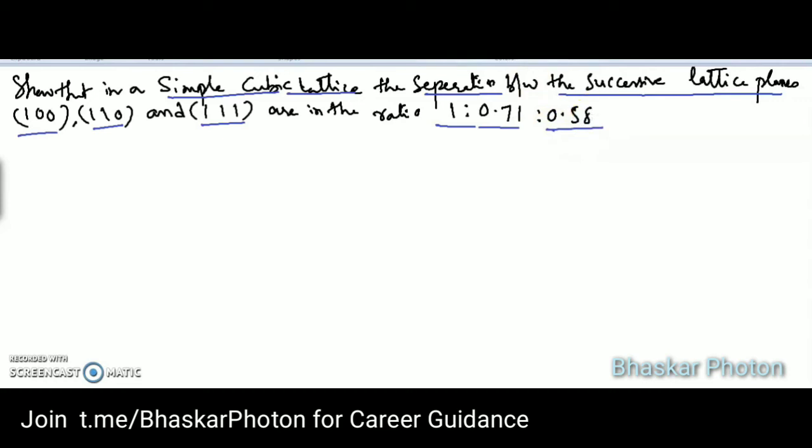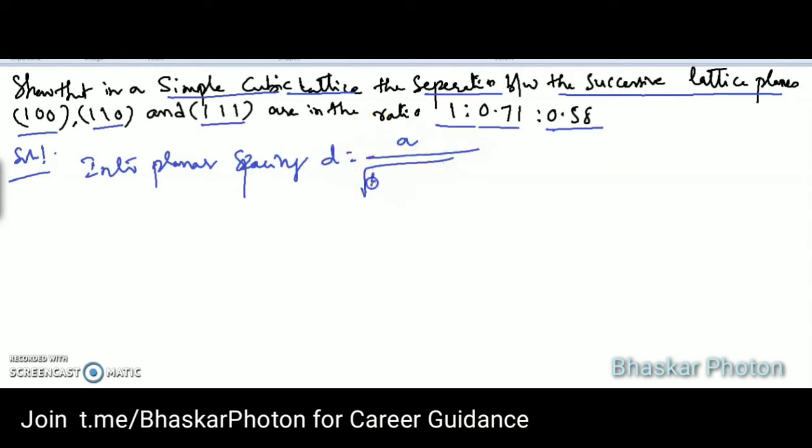So for this, what we have to do? We have to find first the interplanar spacing. Interplanar spacing, that is D is equal to A divided by root of h square plus k square plus L square.